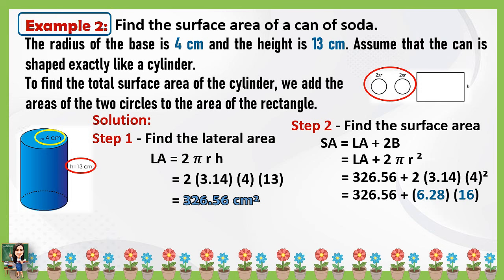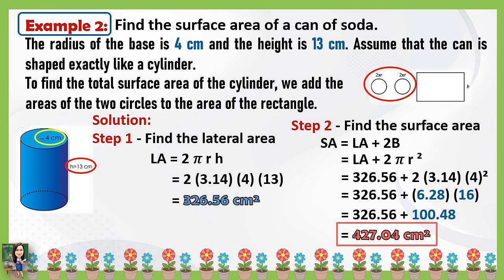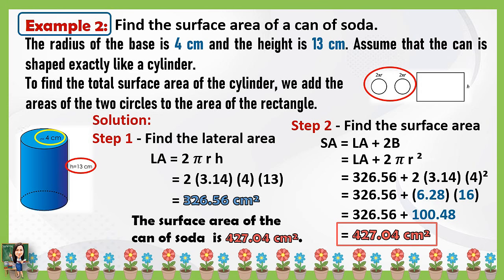And 2 times 3.14 equals 6.28. Then add 326.56. 6.28 times 16 equals 100.48 plus 326.56 equals 427.04 square centimeters. The surface area of the can of soda is 427.04 square centimeters.